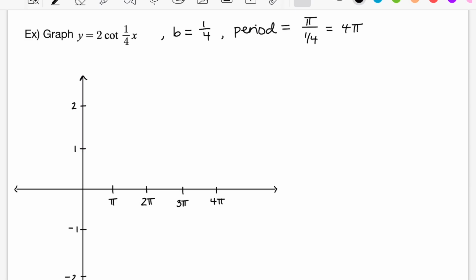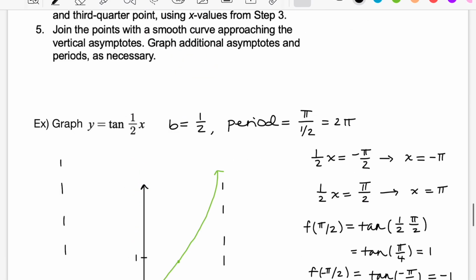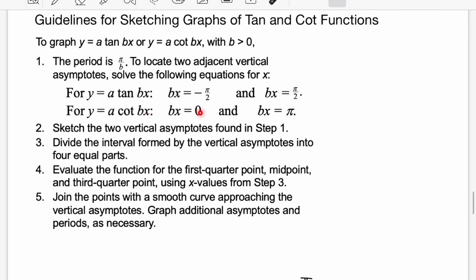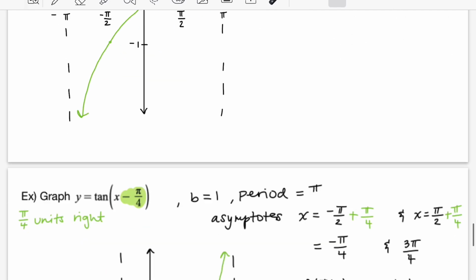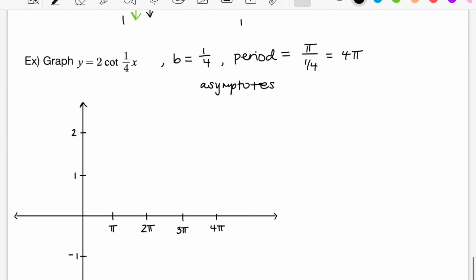Now in this case, when we want to find our asymptotes, what we want to do is set our bx equal to 0 and pi, and then solve for x. So bx is 1 over 4x. Setting that equal to 0, we'll get that x is equal to 0.